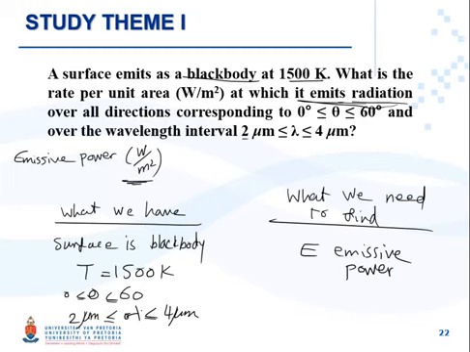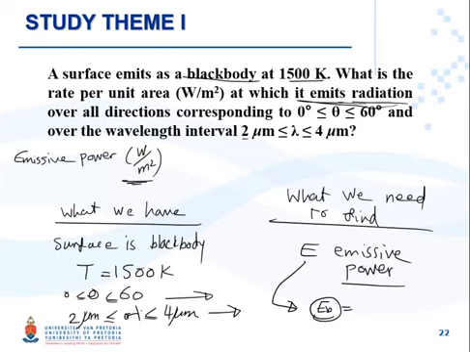But you might say that, okay, emissive power is so easy, it's sigma T4. No, because it doesn't want us to find the emissive power for all the directions and all the wavelengths. We are restricted to a specific direction and a specific wavelength, not for all the emissive power. Okay, so it's not EB.